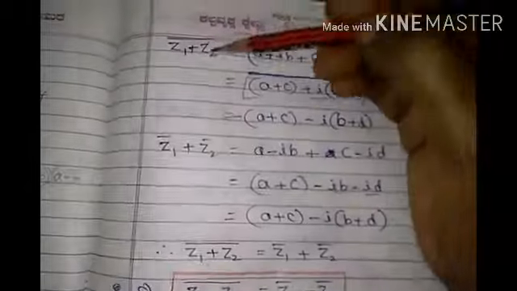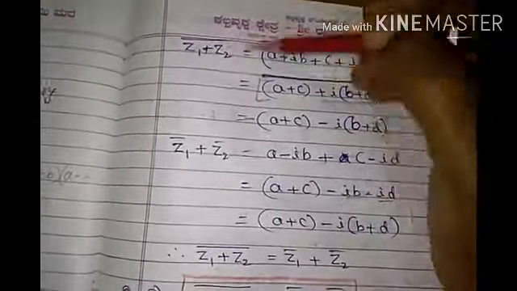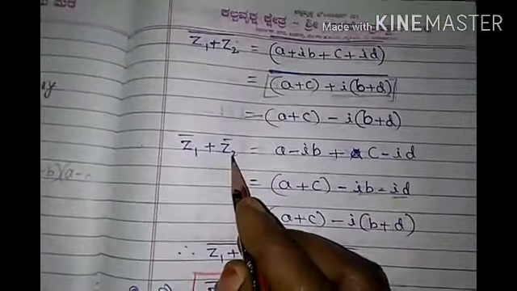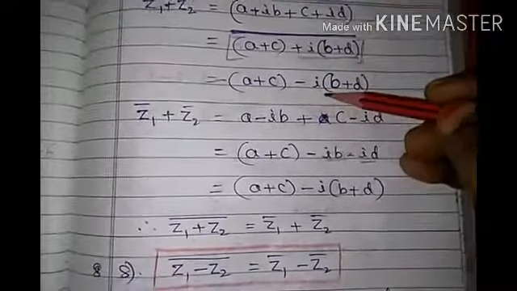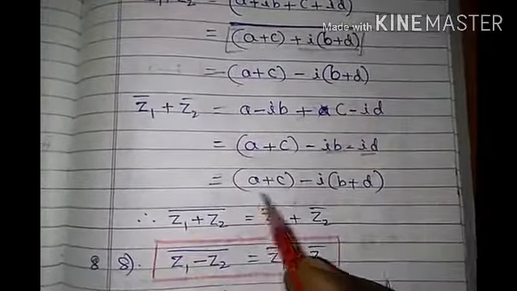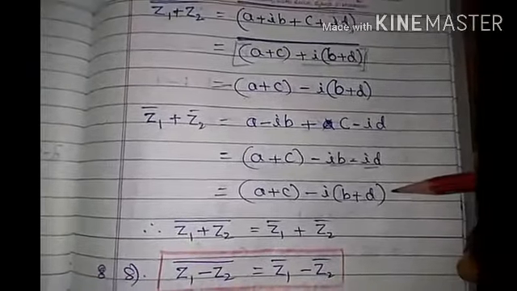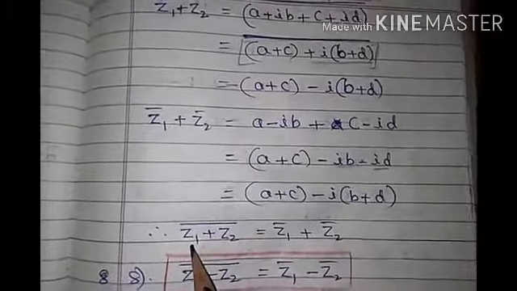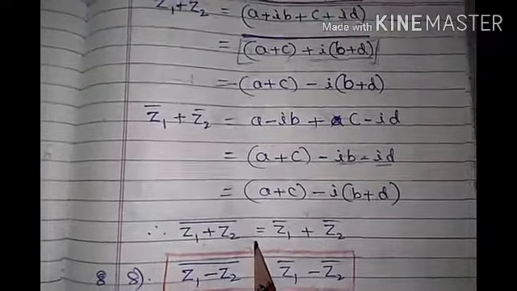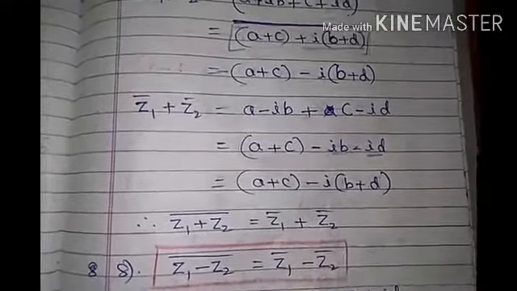Observe the values of z1 plus z2 whole conjugate and z1 conjugate plus z2 conjugate: a plus c minus i into b plus d and a plus c minus i into b plus d. These two results are same. Therefore, we conclude that z1 plus z2 whole conjugate equal to z1 conjugate plus z2 conjugate.